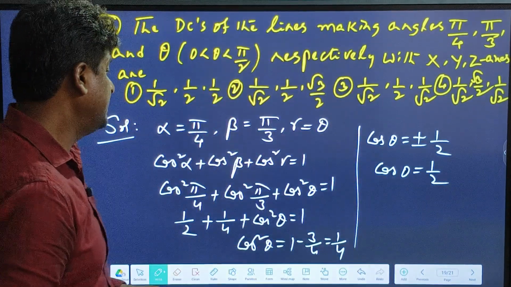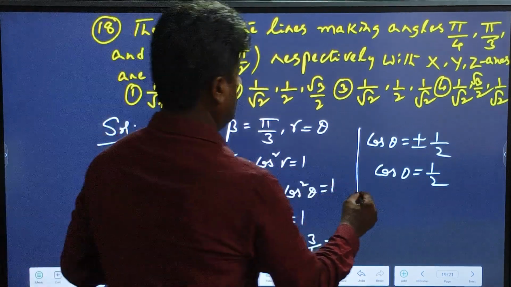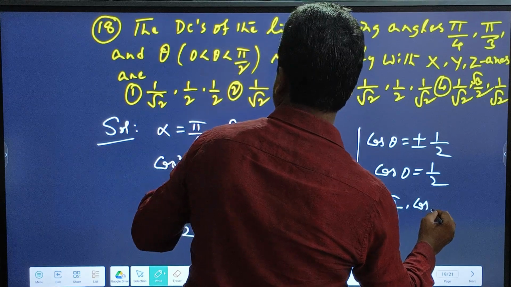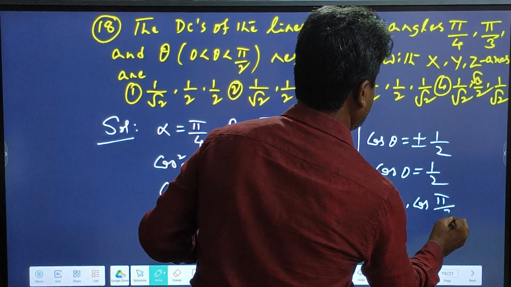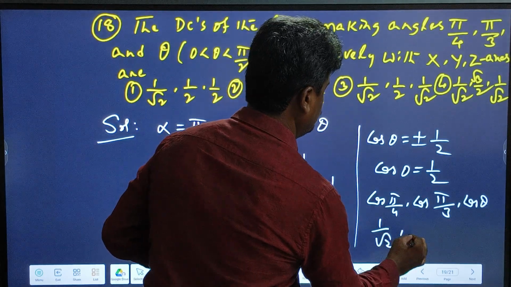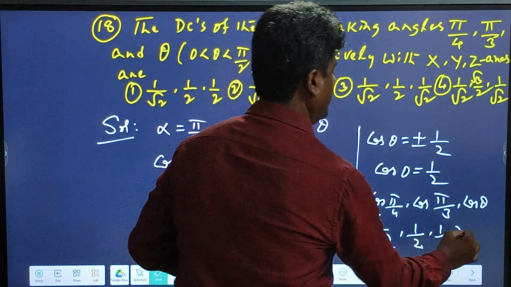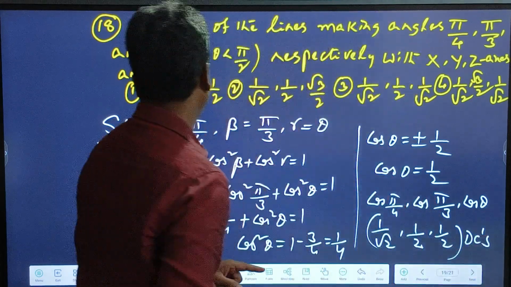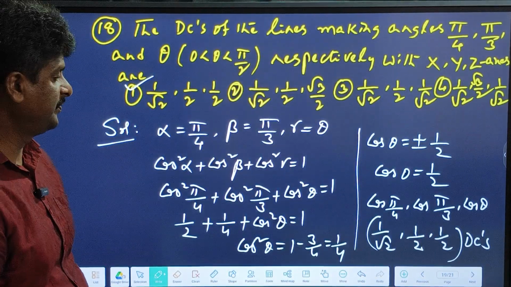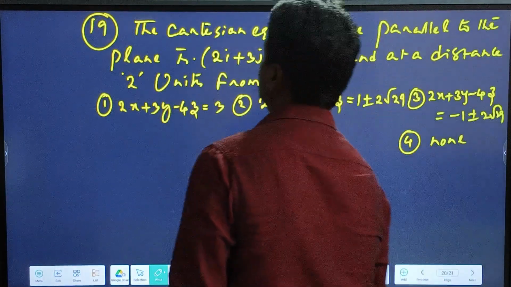So the DCs are cos pi by 4, cos pi by 3, cos theta: cos pi by 4 is 1 by root 2, cos pi by 3 is 1 by 2, and cos theta we also got 1 by 2. These are the DCs, which can be seen in the first option. Okay. Next, question number 19.